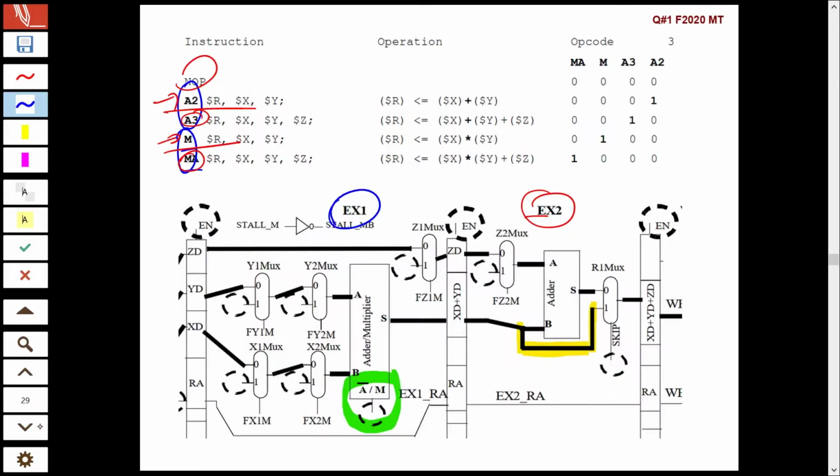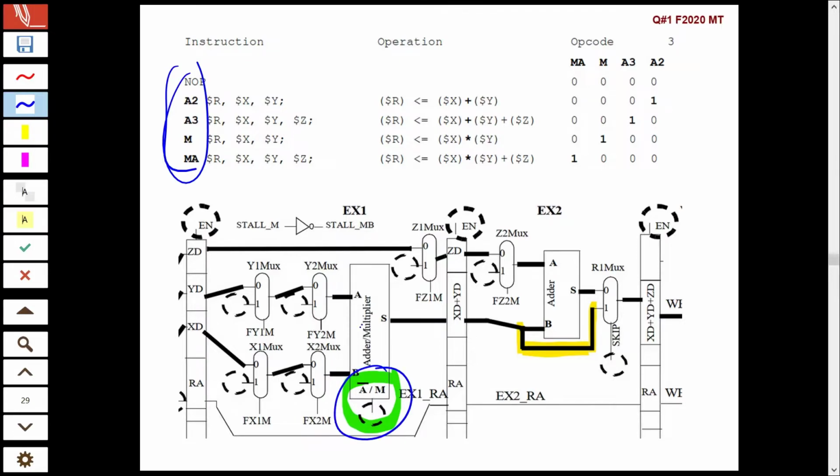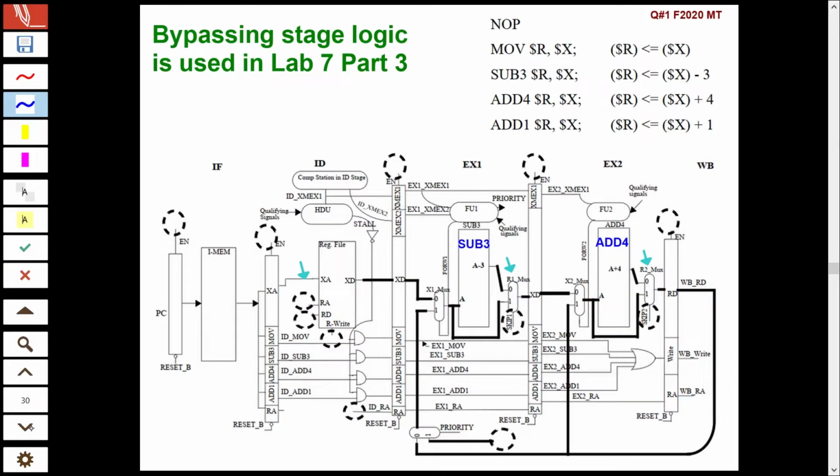Okay, let's proceed. So again, these are the 5 different types of instructions. We have this control signal called add bar slash m, meaning 0 means add, 1 means multiply, and the skip signal and the solution.